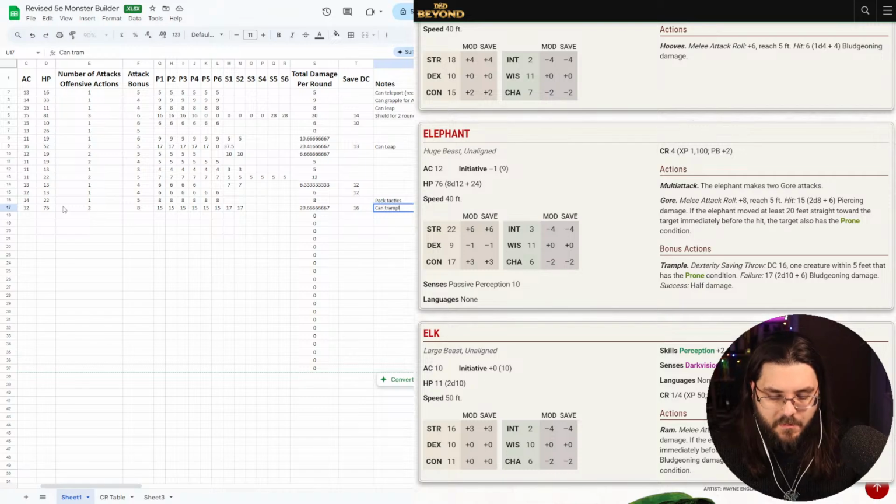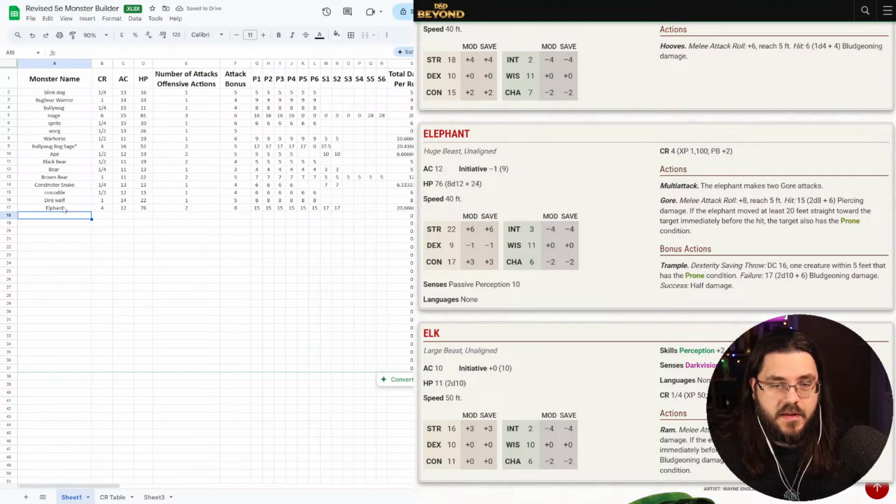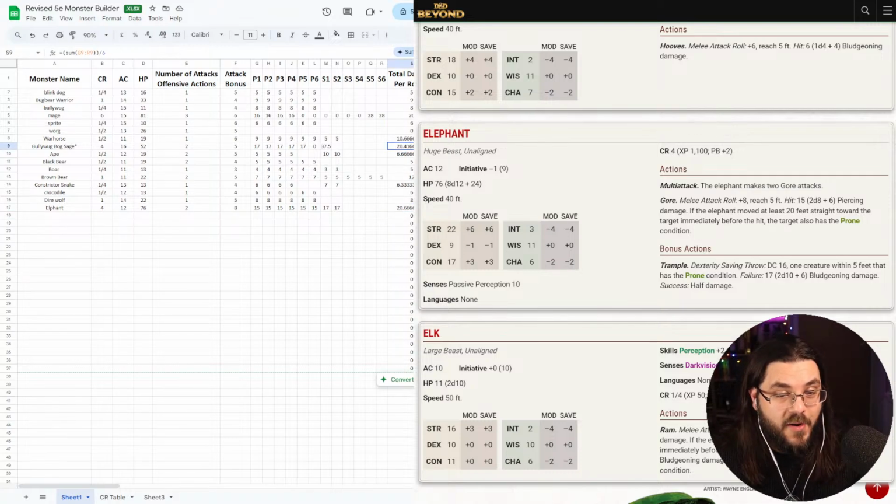Can trample. That's a chunky bit of damage. I say it feels high, but when we average it out, it's almost exactly the same as the Bullywug Bog Sage, which is also CR4.